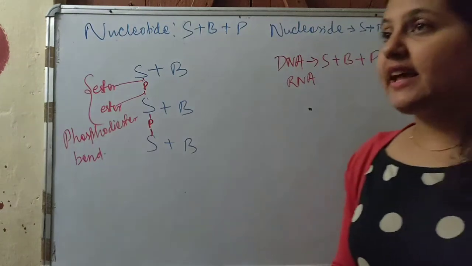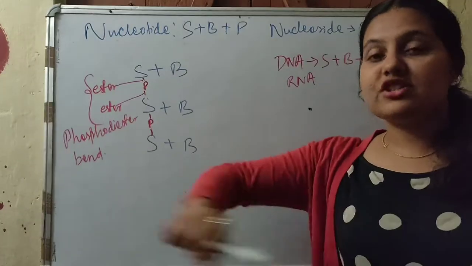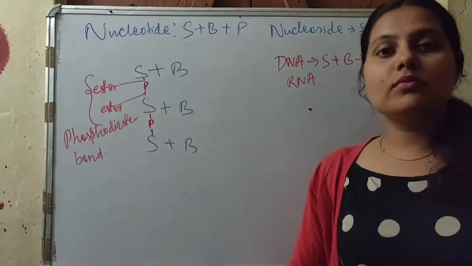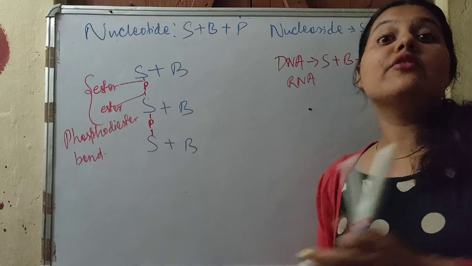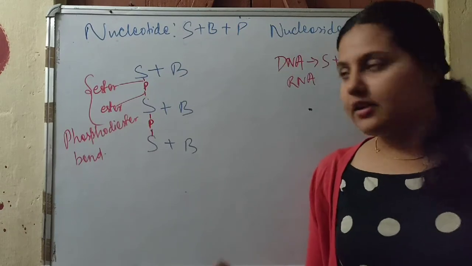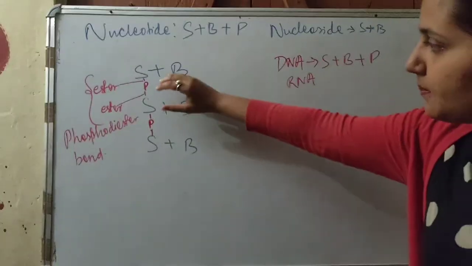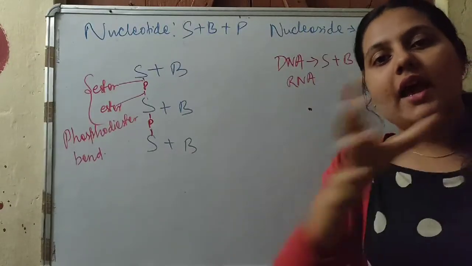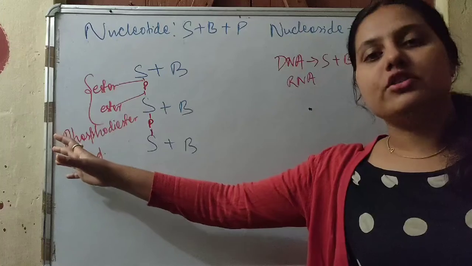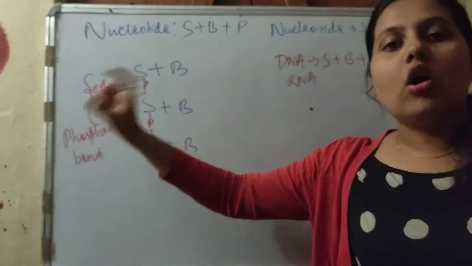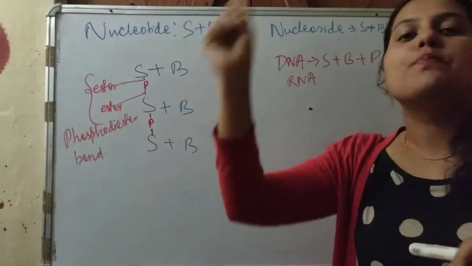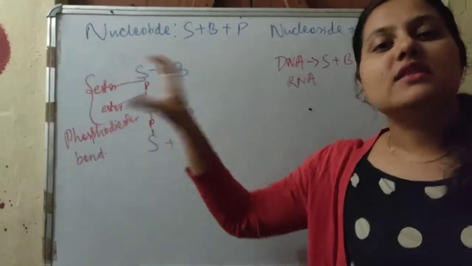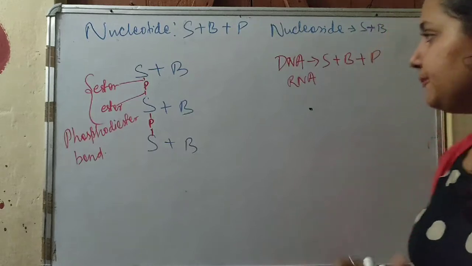It is said that when we stretch our DNA, it is so long that it can reach till the sun, right? With the help of this bond, they are attached with one another and form a very long stretch, and that long stretch will be coiling and supercoiling, forming a chromosome, and they will be condensing inside a nucleus, right?